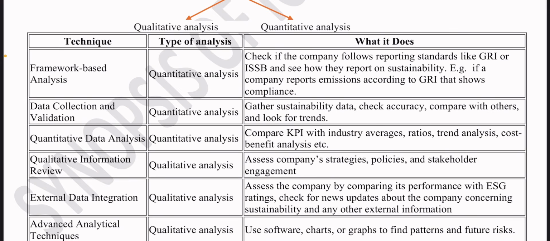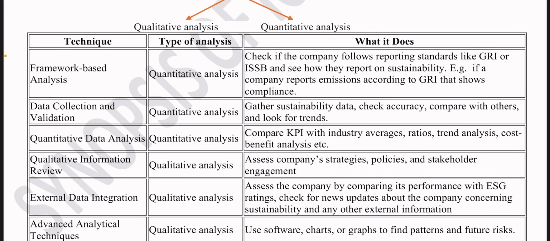They have different standards actually. We have the Global Reporting Initiative, that's the GRI. We have the ISSB standards. All these things are just like IFRS and IAS. So they could tell you to assess if the company is actually following the standard.